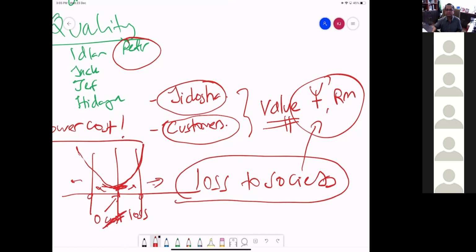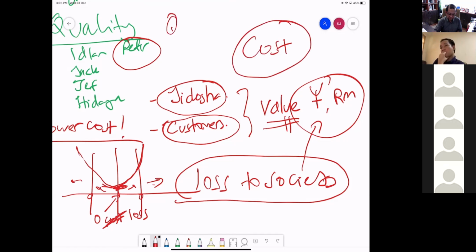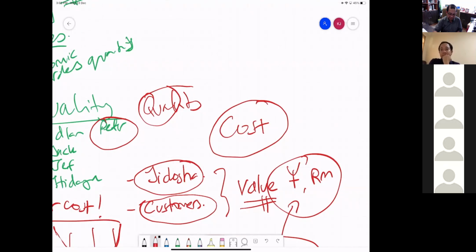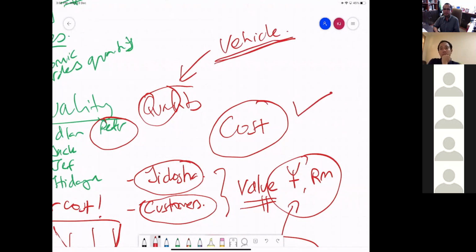Money. That's the purpose, is cost. And quality is a vehicle, just a vehicle. The vehicle to get cost reduction, to get the value.